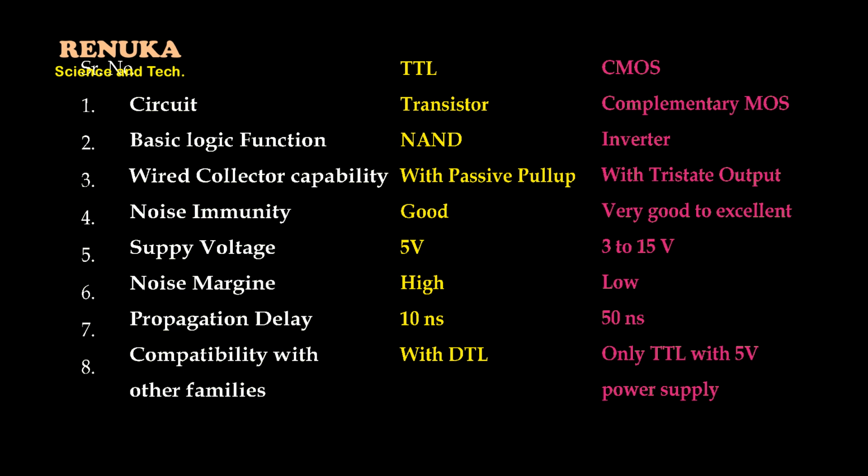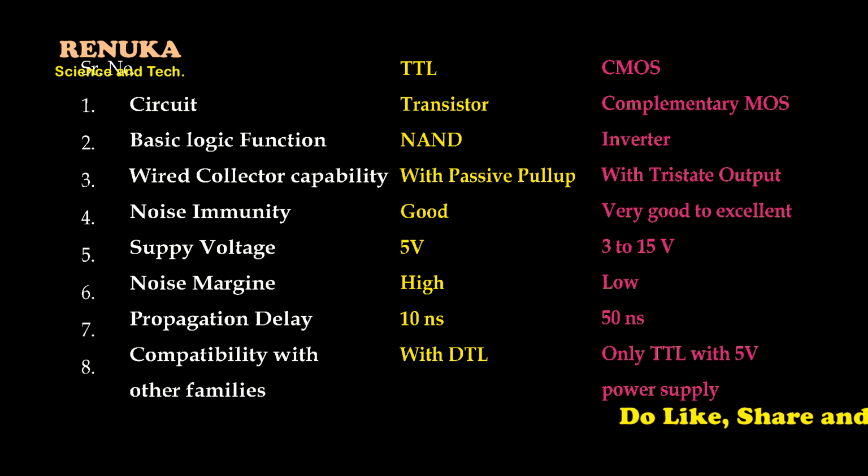Then the 8th point is the compatibility with other families. TTL gates can be compatible with DTL only, and CMOS is compatible with TTL if the power supply in the CMOS logic gates is only 5 volt. If a 5 volt power supply is used in CMOS, then it is compatible with TTL.